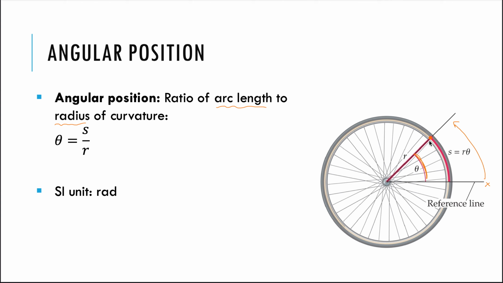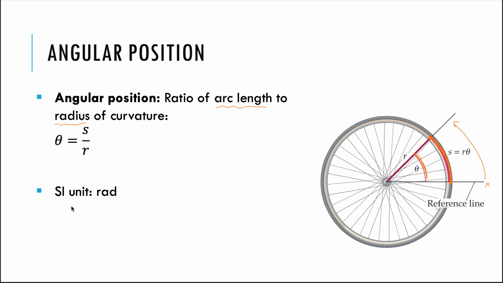You can see it in this picture that the arc length is this curved line here. It represents the linear distance traveled from the original point to the final point, but you see that it's a curved line instead of a straight line, so it's an arc length. Divide that by the radius and you'll get theta.